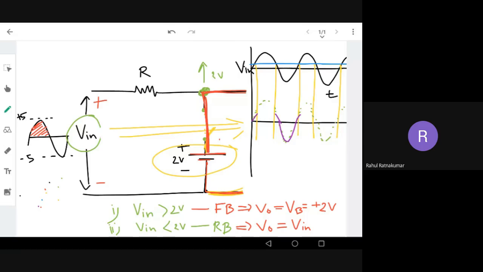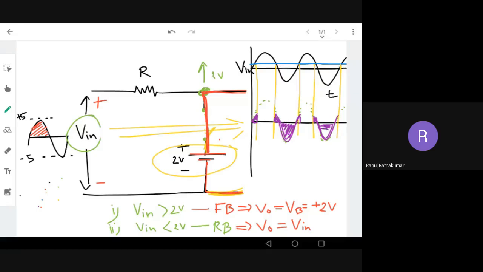Again from here to here, V in equals V out. So we have marked all those areas where V in is less than 2 volt, and the output is nothing but V in. The waveform is the same. I have just drawn this right now.